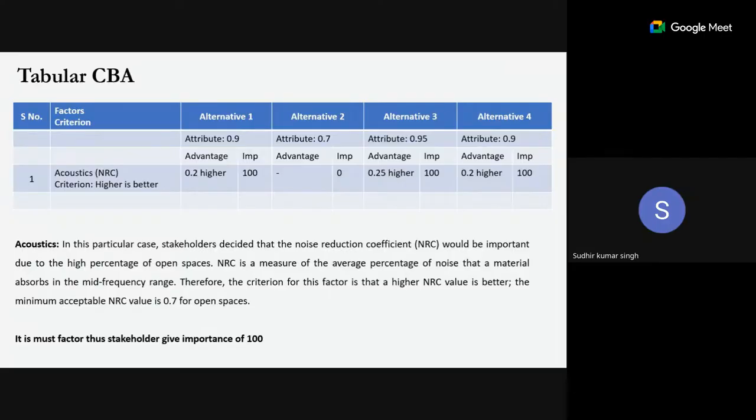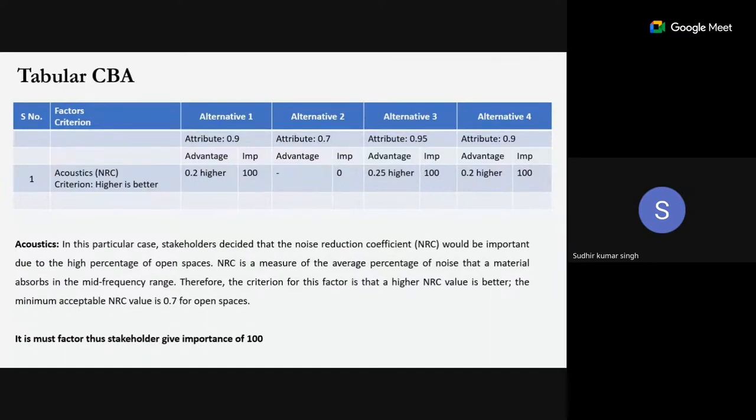Right? And then I have calculated the delta based on that. 0.9 minus 0.7 is 0.2. And because it is a ceiling tile, acoustics holds 100 importance of advantage on a scale of 0 to 100. Is that clear? How we have done it?